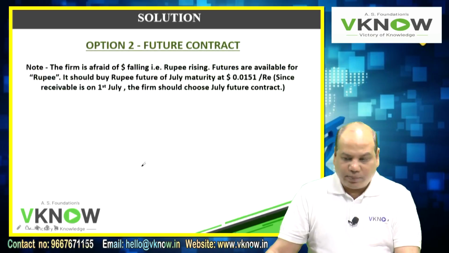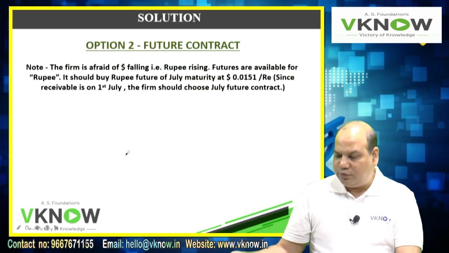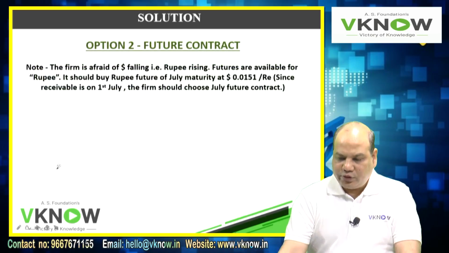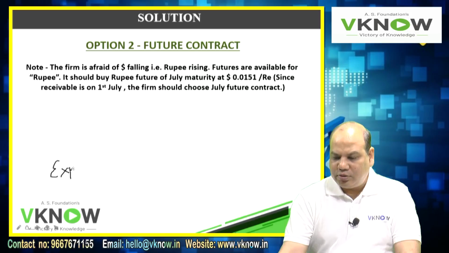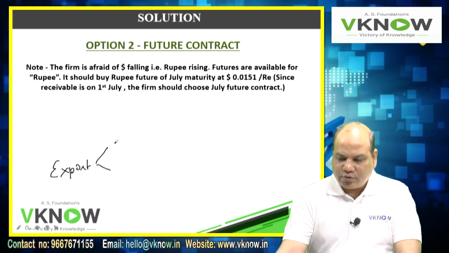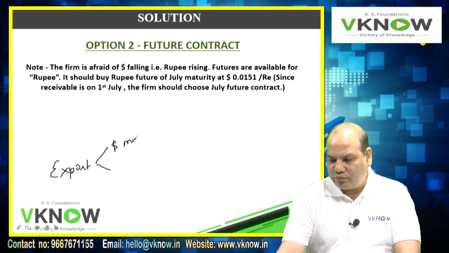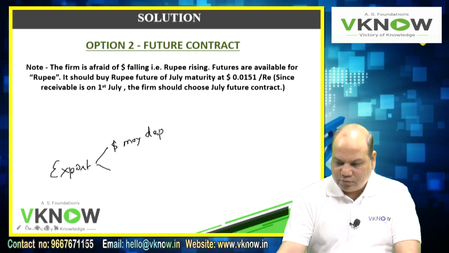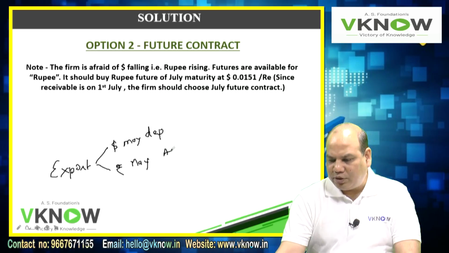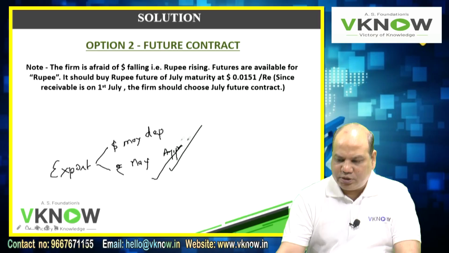Now let us see the position that I need to take in the future market. Same discussion, I'll repeat. Exporter has two worries: that the dollar may depreciate, which means the rupee may appreciate, and the future is available on rupees.